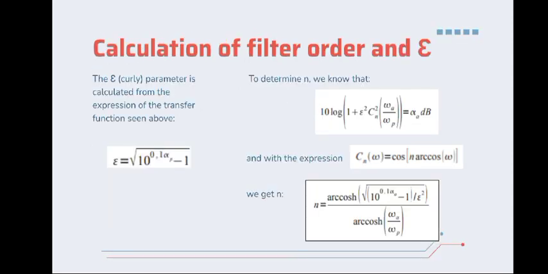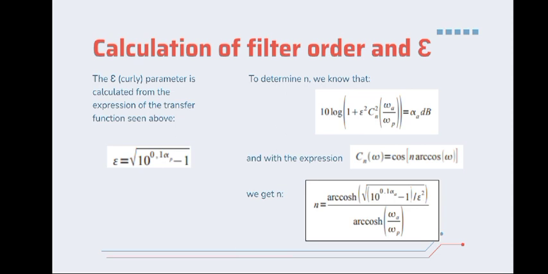Now with what we have seen above, we can find the equations for calculating the order of the filter and epsilon, which is the ripple. As the first parameter, we will find epsilon, and this is calculated from the expression of the transfer function seen above, and it will look like this.